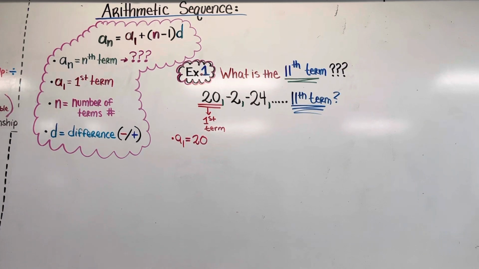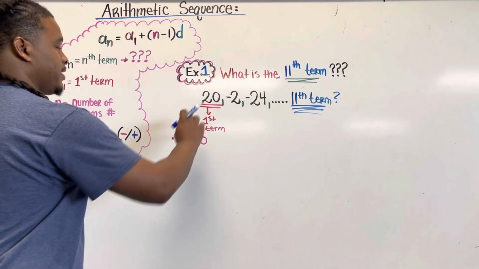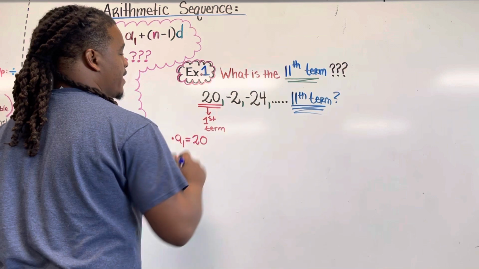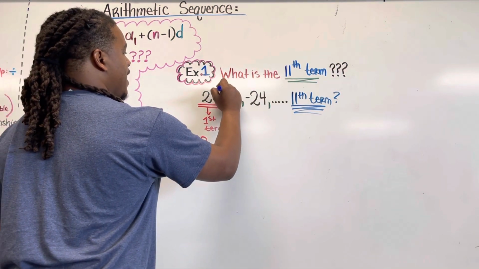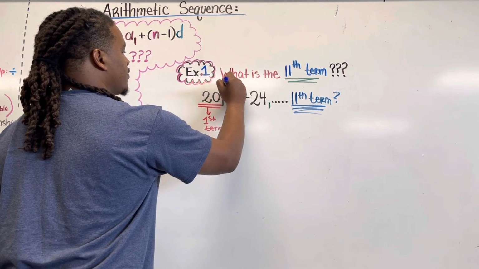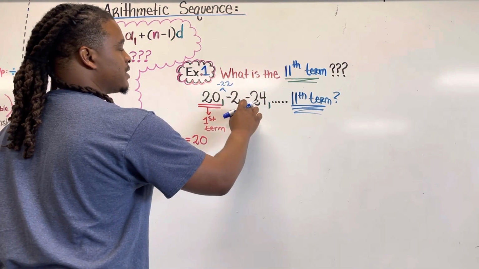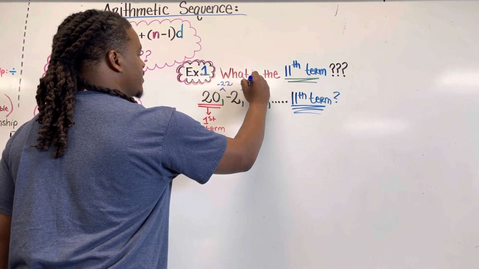Now, the next thing is, let's figure out the difference between each value within the pattern. If I go from 20 to -2, I have to subtract 22. If I go from -2 to -24, I subtract, again, 22.